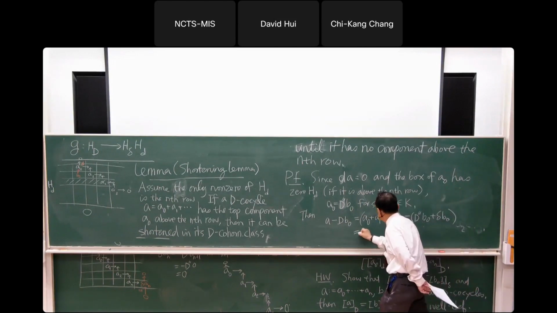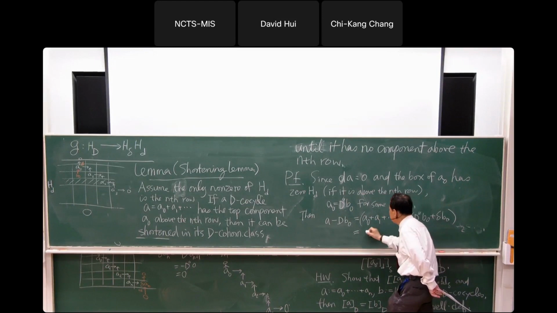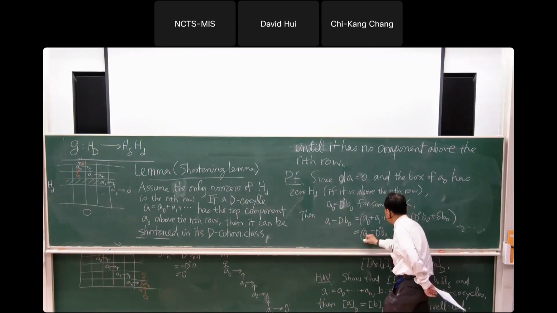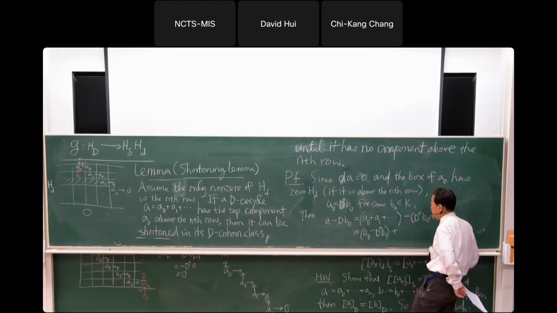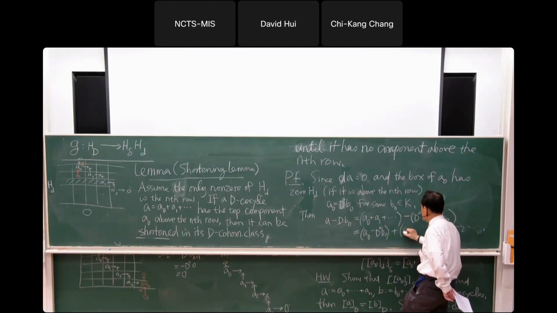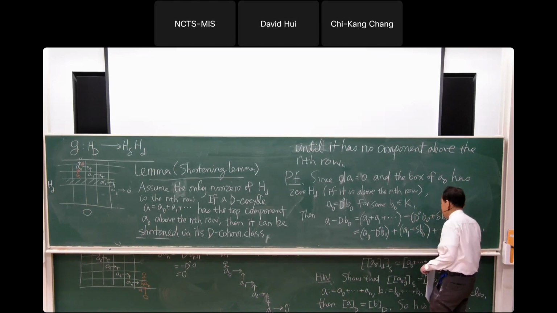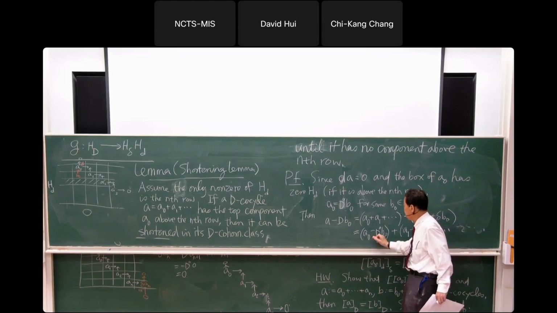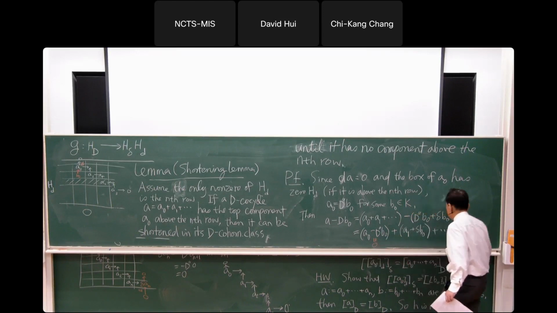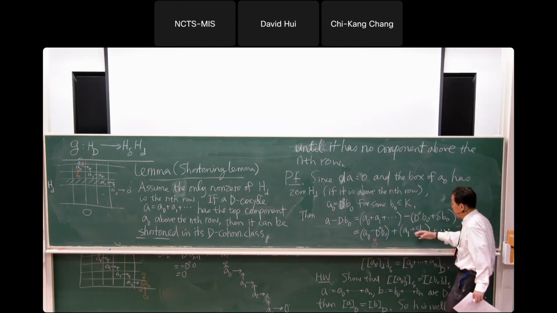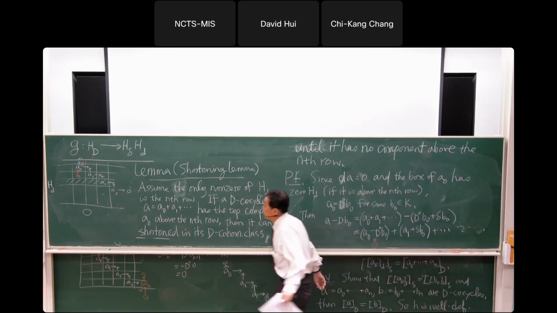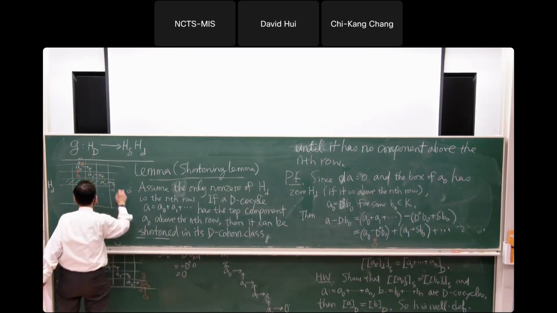I better use D double prime, it has a sign built in. A0 minus D double prime B0 will be 0. That will kill off the top component, and then you have A1 plus delta B0 plus dot dot dot, and you get a shorter cocycle.